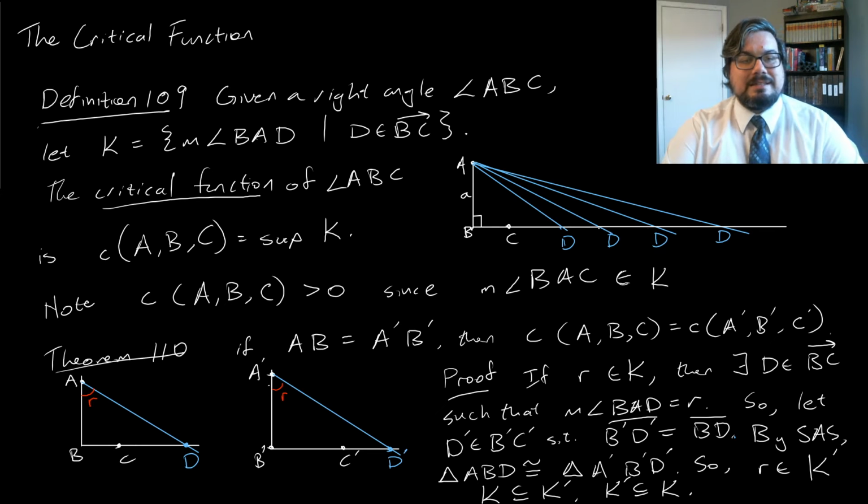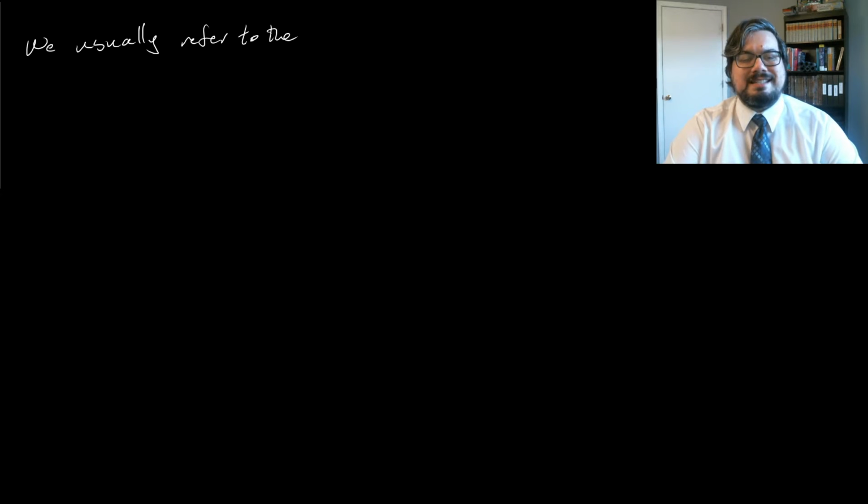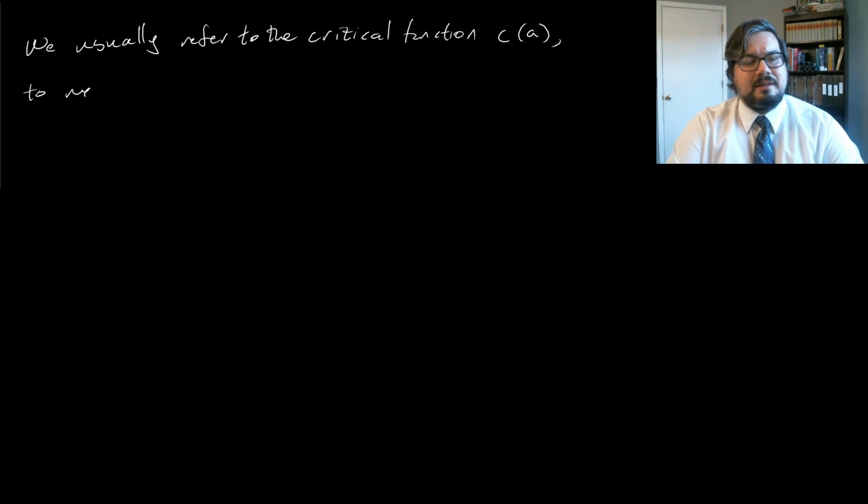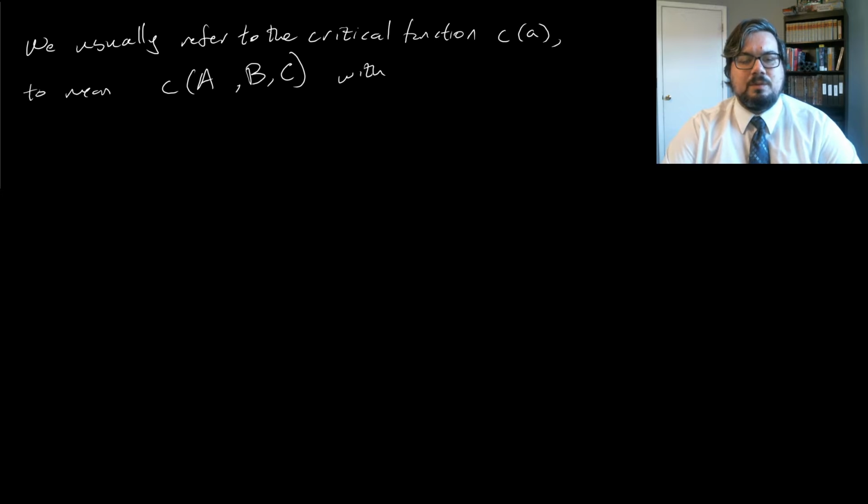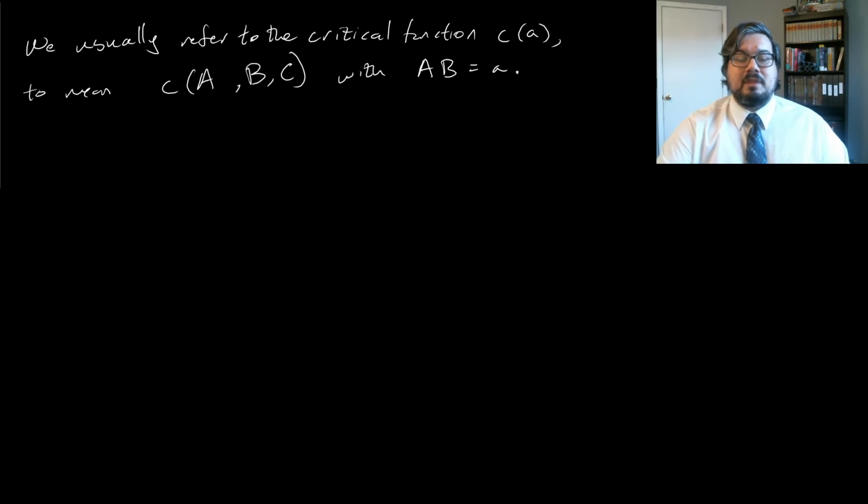So what this means is that we usually refer to the critical function C of A, C of little a, to mean C of any right angle ABC with the distance from A to B being little a.